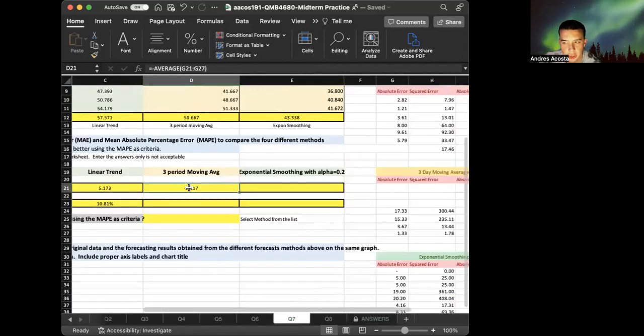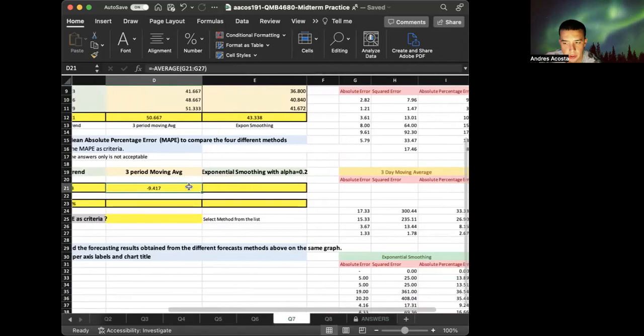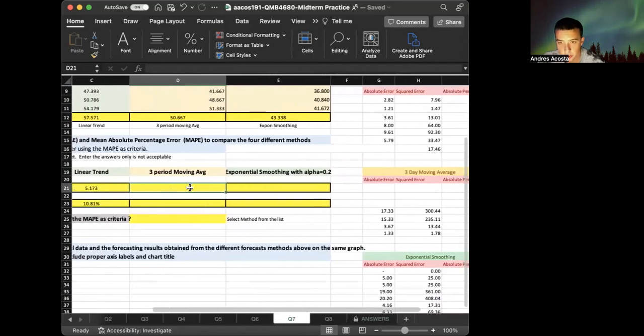Alright, so it's negative, it shouldn't be negative. I don't know why it's saying negative. Let's see something.